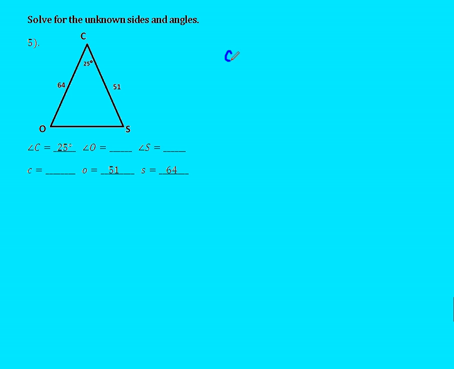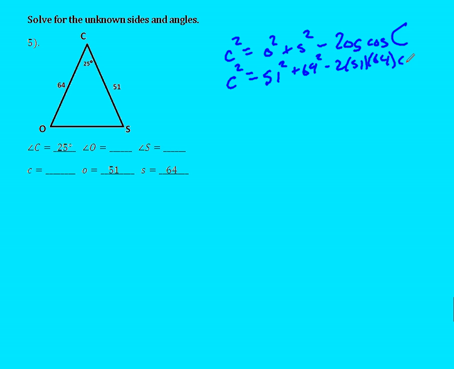So I'm going to say C squared is equal to O squared plus S squared minus 2OS cosine of big C. Plug and chug: C squared equals, O is 51, S is 64, minus 2 times 51 times 64 times cosine of 25 degrees. From there, just plug it into your calculator. You should get 780.62. Take the square root of both sides, and I get C equals 27.94.